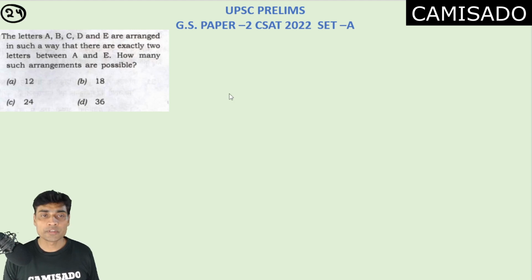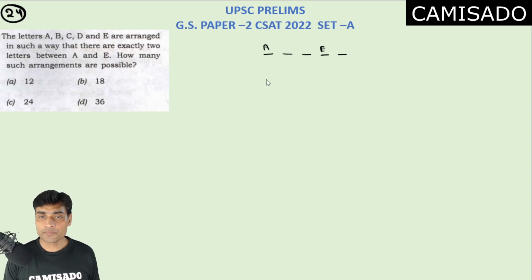The letters A, B, C, D, E are arranged in such a way that there are exactly 2 letters between A and E. How many such arrangements are possible? So basically what we can do is, see, 5 alphabets are there. Suppose A is here and E is here, so 2 in between and 1 is here.